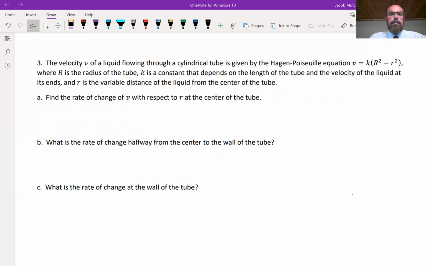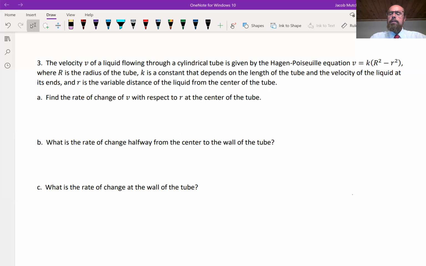And I see here that little r is the variable distance of the liquid from the center of the tube. We're also told that k is a constant that depends on the length of the tube and the velocity of the liquid at its end. So that's a predetermined constant. We can just treat it as such.